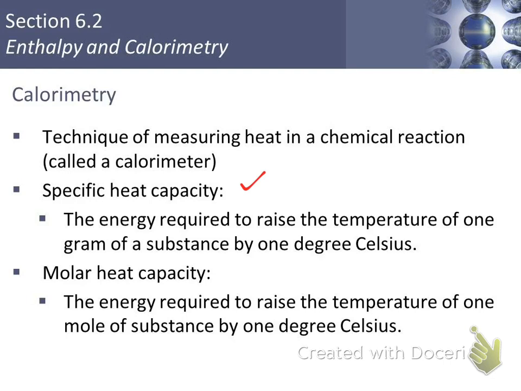That's always the change. Okay, so specific heat capacity is what we're going to use a lot. Specific heat capacity is an assigned value for every different type of substance. So water has a specific heat. So it says it takes this much energy per 1 gram of substance to raise it 1 degree Celsius. And every individual element has its own specific heat capacity. It has its own value. It's like a constant.